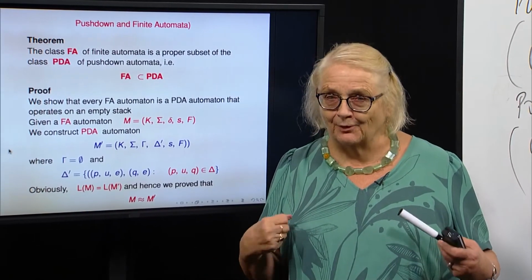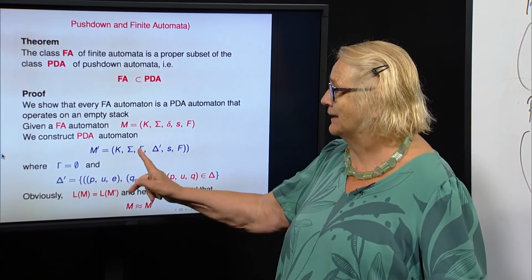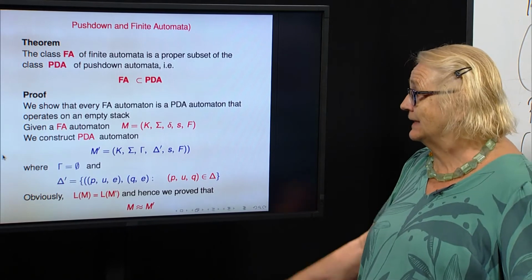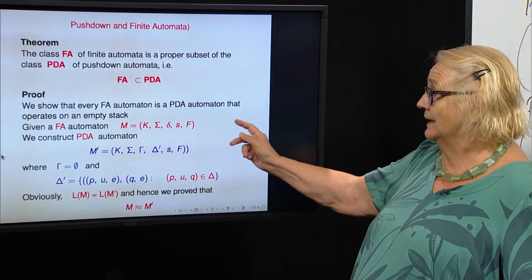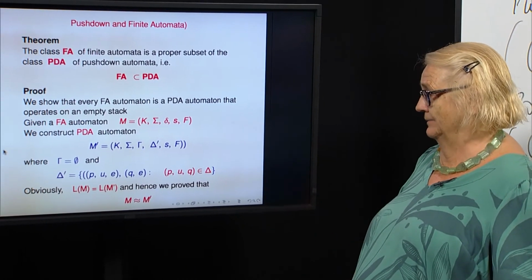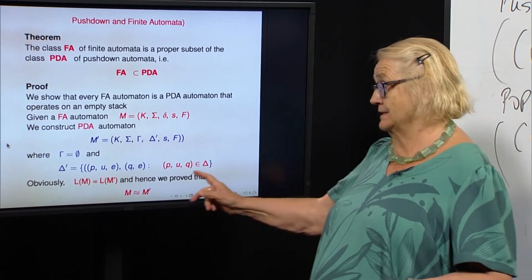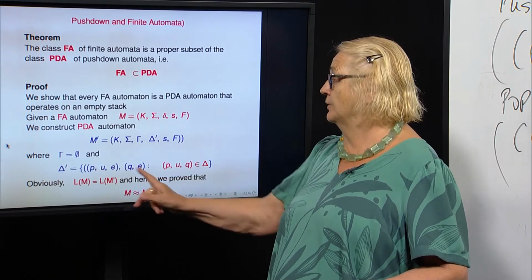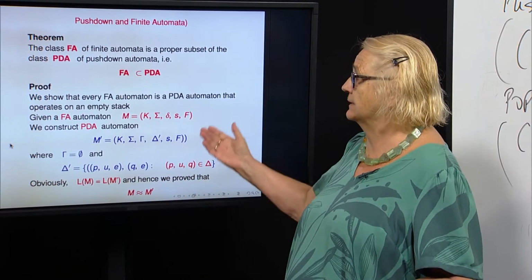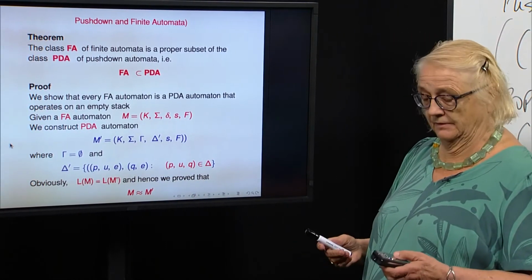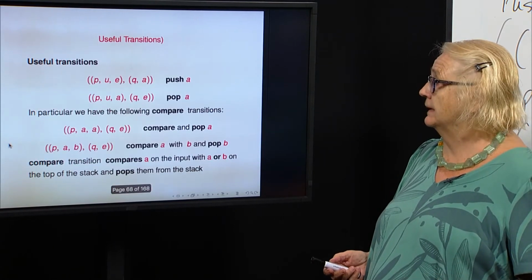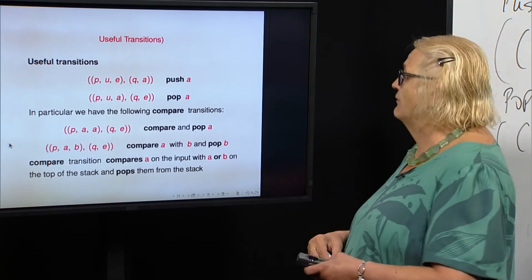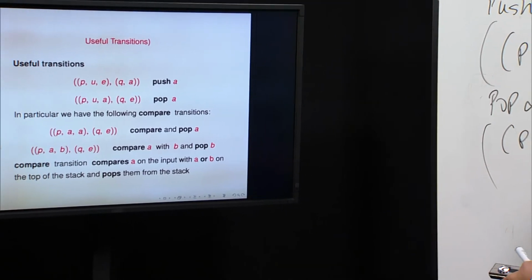The empty set is a perfectly good alphabet, so gamma is empty, and delta mimics our automaton. It means P U E, the stack is always empty, so P U Q is in delta of our finite automaton. And then you have more useful transitions.